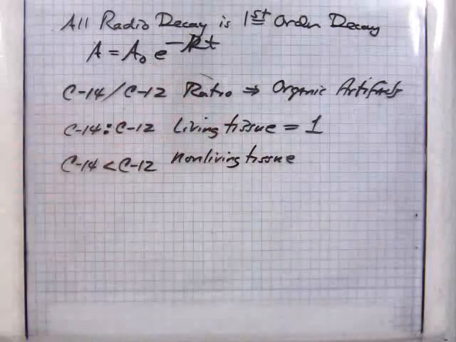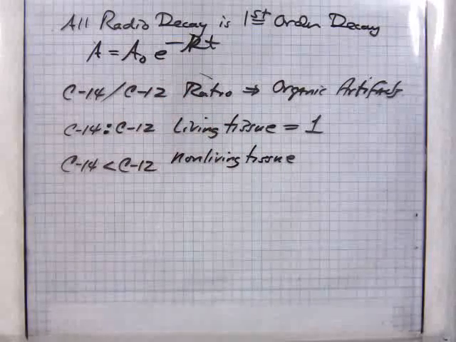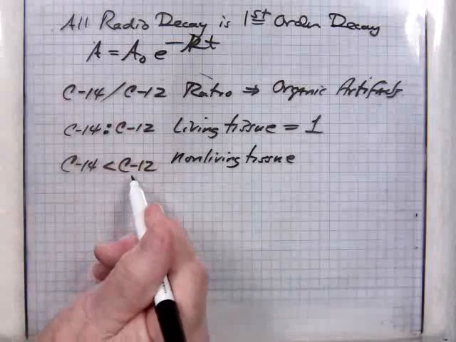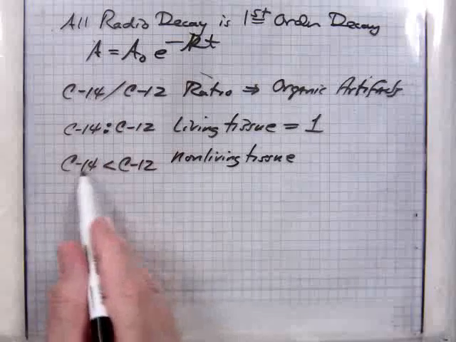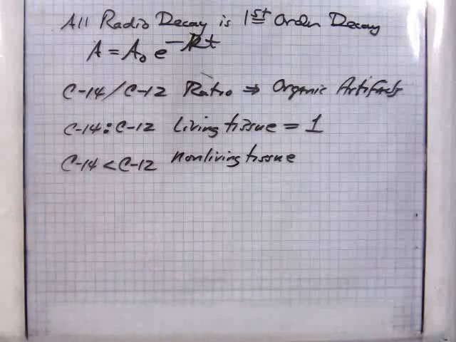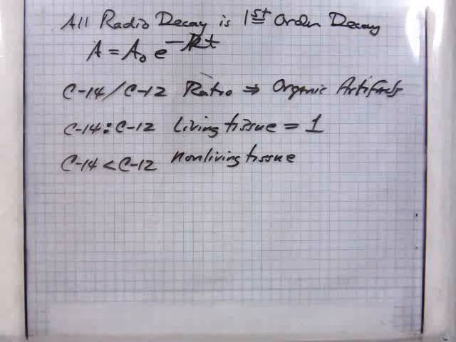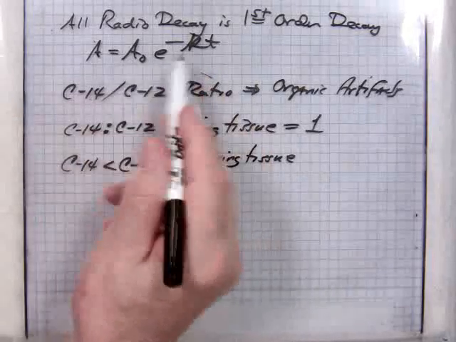So when something dies, it's assumed to have an activity, what we call A O, and everybody knows what that is, so to speak. But then they take samples and run it through radio dating instruments, and they find out what the activity of the carbon 14 is, and that ratio is applied into this equation.